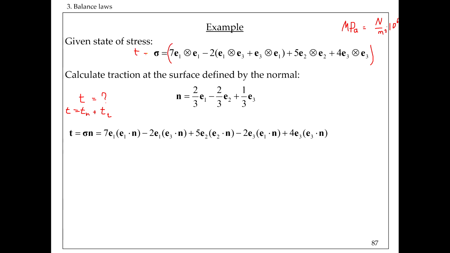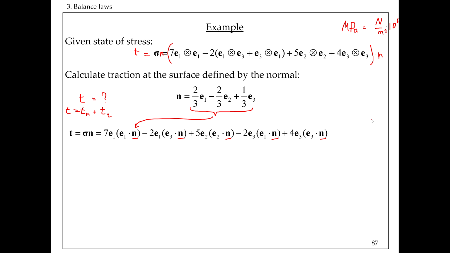I multiply from the right with n, introducing that n everywhere, and now I just need to substitute that n in each of these components and see which result is obtained.